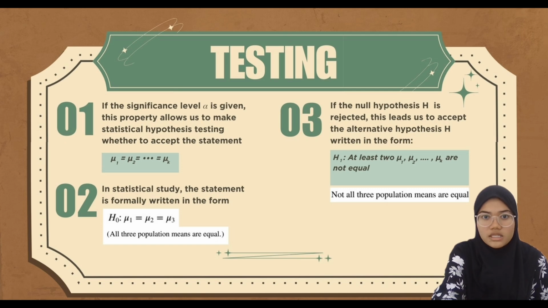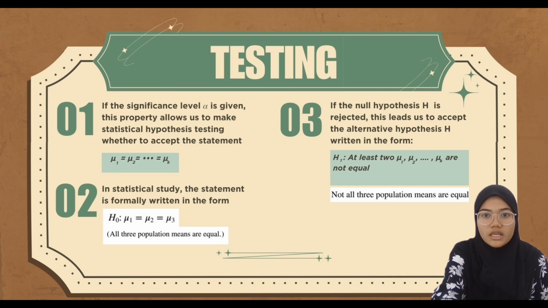Next, if the significance level alpha is given, this property allows us to make statistical hypothesis testing whether to accept the statement mu1 equals mu2 and so on. In this statistical study, the statement is formally written in the form H-null, where all three population means are equal.